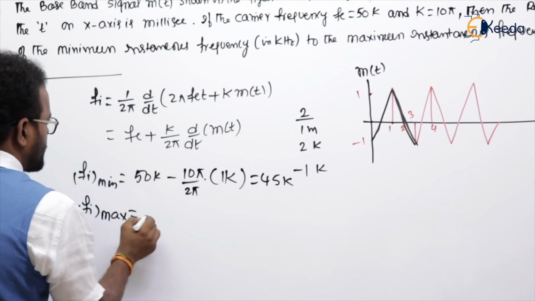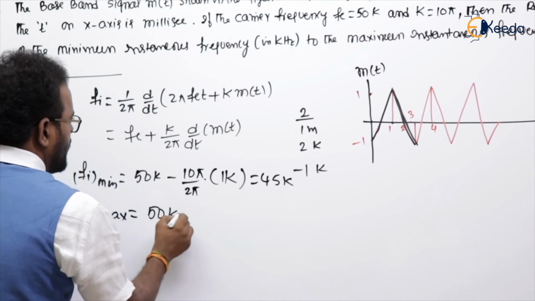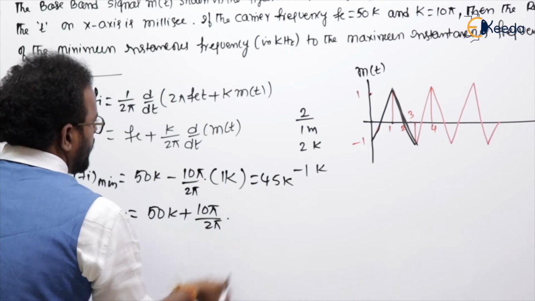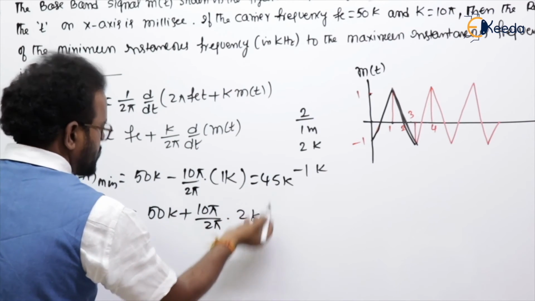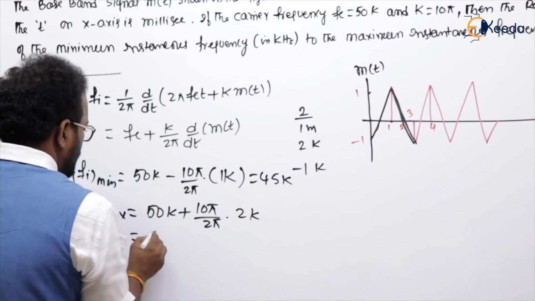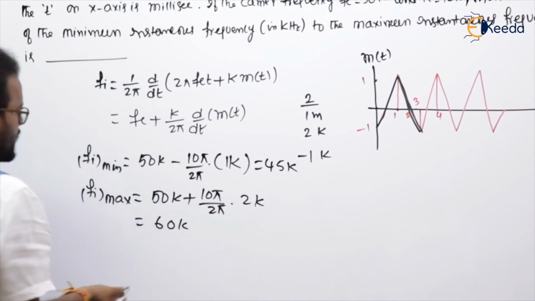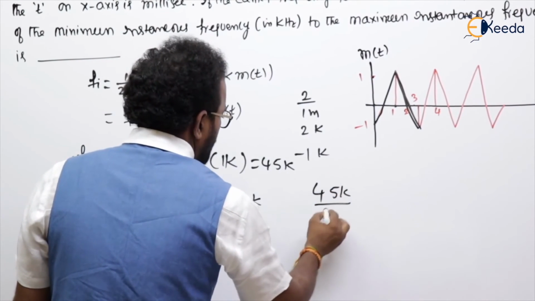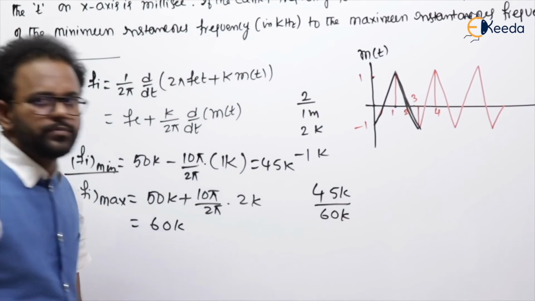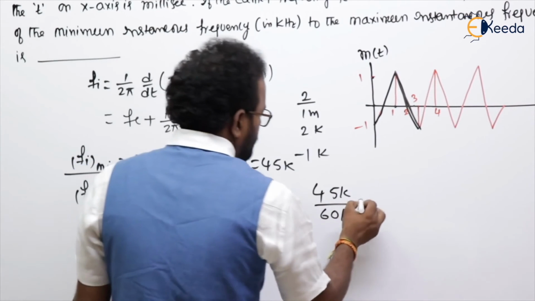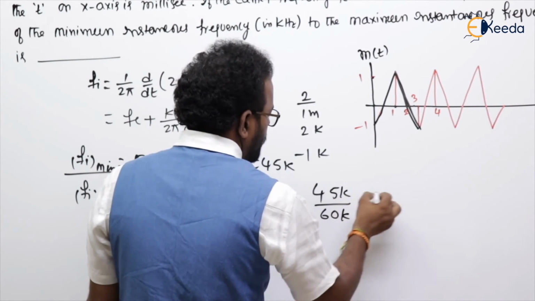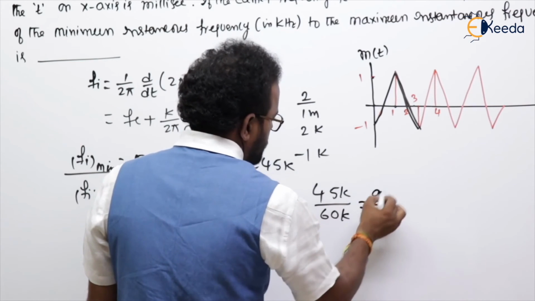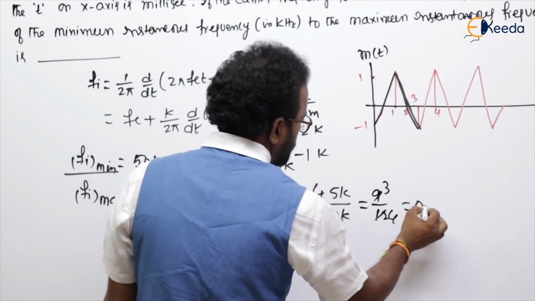Whenever the slope is maximum, 50k plus 10 pi by 2 pi d by dt of m of t, where the maximum slope is 2k as given. So it will be 60k. It is asking for the minimum to maximum ratio, 45k by 60k, so 3 by 4, that is 0.75.